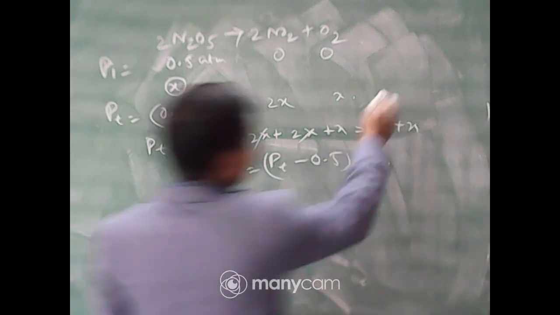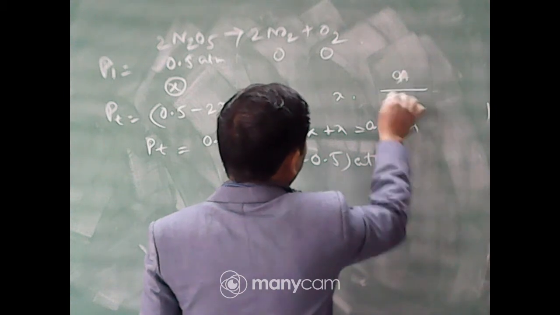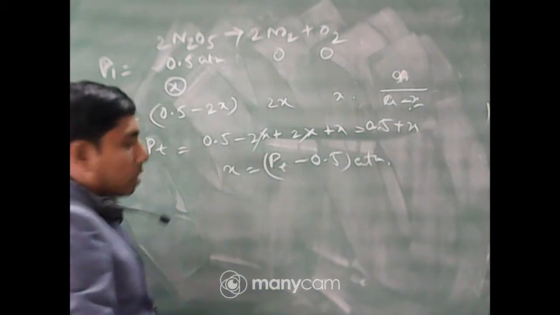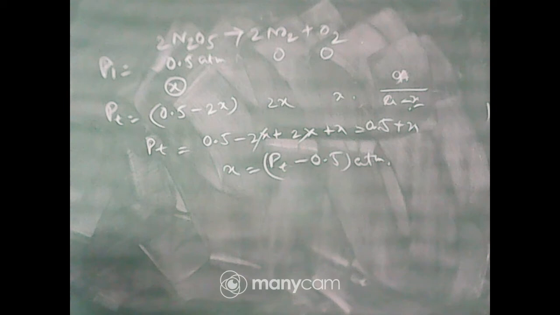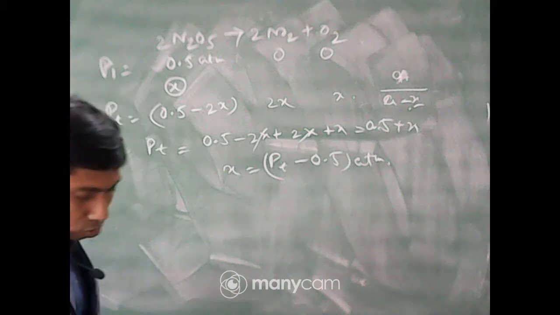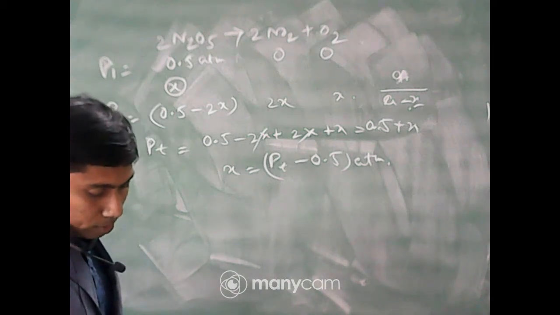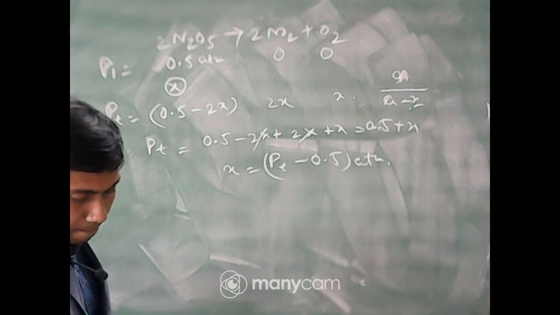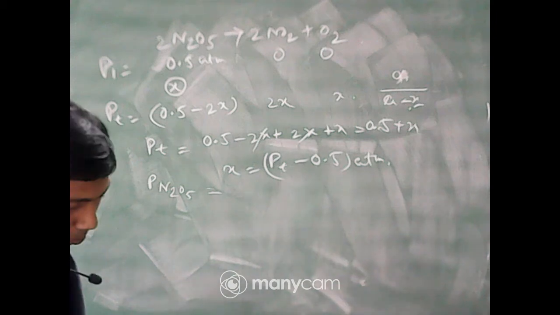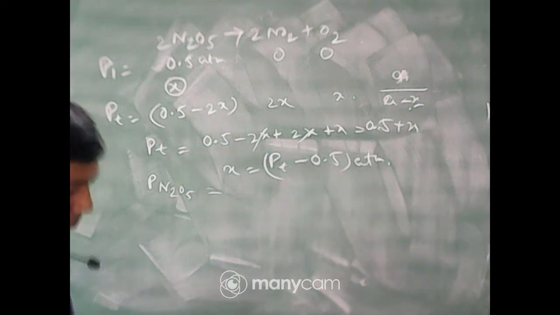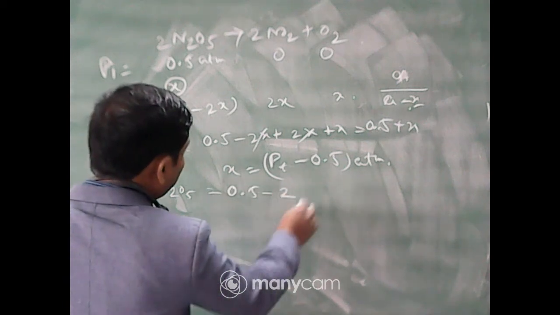This x is the x of A by A minus x. Now the pressure of N2O5 equals 0.5, which was initial, minus 2 into x.